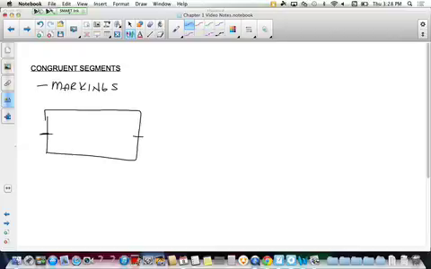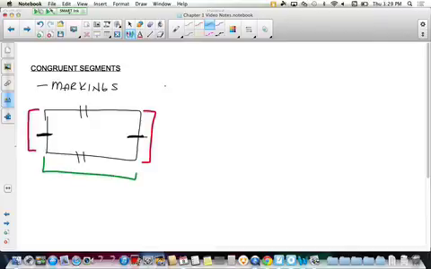So if I had a rectangle here, I would mark those like that, and I would mark these like that. What that would tell me is that these segments here, which I'll mark in, let's say, red, are congruent to each other because they have the same hash mark markings on them. I also know that these segments, which are marked in green here, are congruent to each other because they have matching markings.